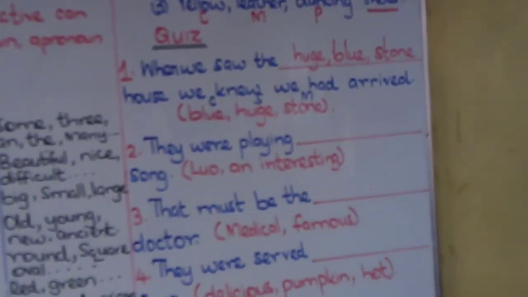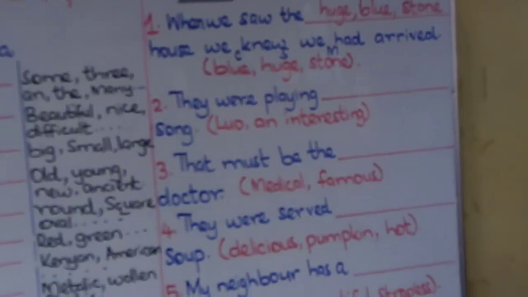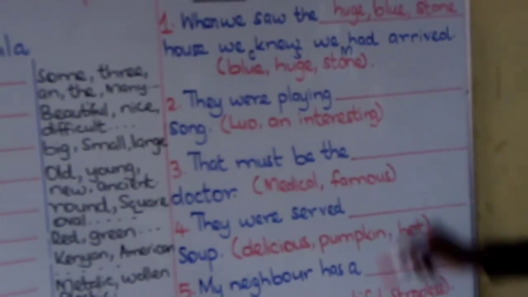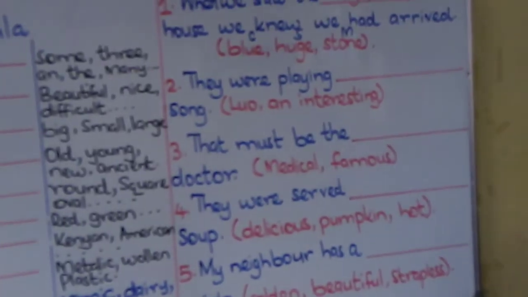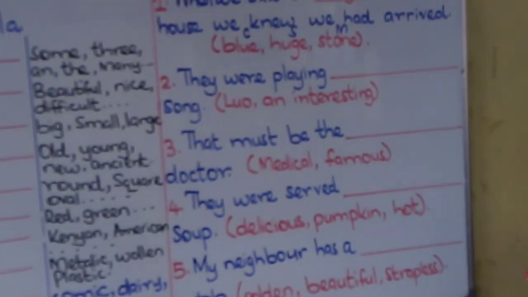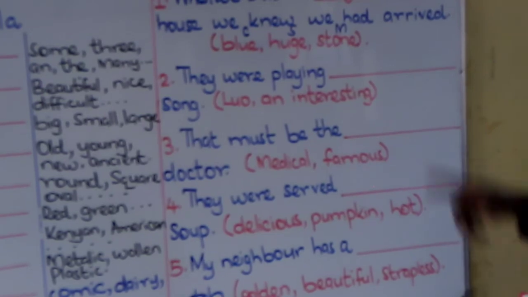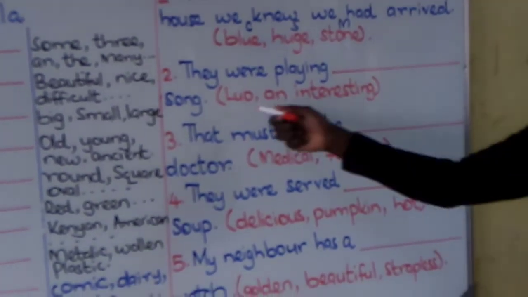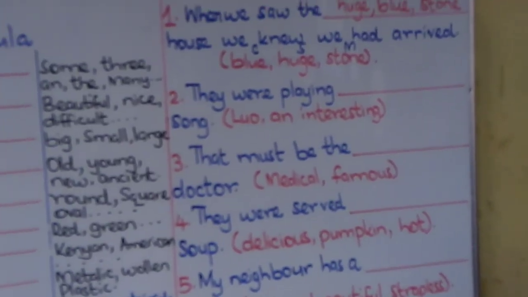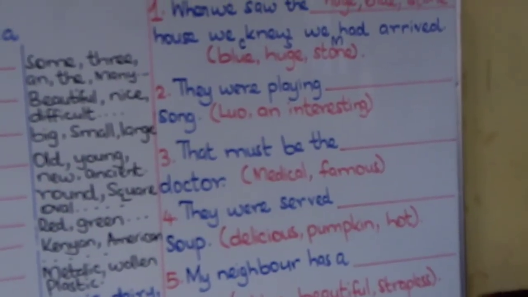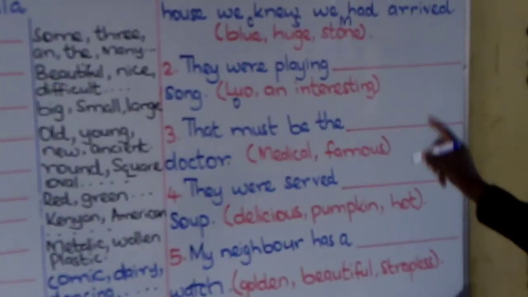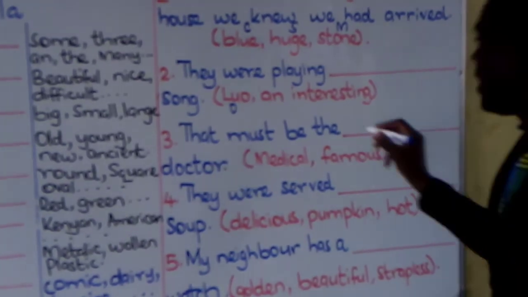Now I will do number 2. Number 2 says, they were playing dash song. And the adjectives here are 2. There is Luo and there is uninteresting. Now let's look at this. Luo means origin. Then interesting, that is opinion.